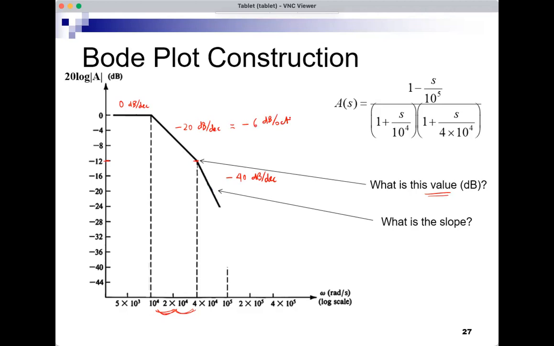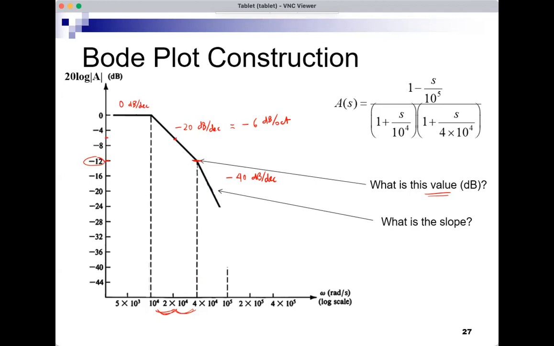So I lose 6 dB for the first octave, and this is the second 6 dB I lose to reach the last frequency at 4 times 10 to the 4. This is the minus 12 value because I drop 6 and 6, since the distance here is exactly 2 octaves. So that's one way to explain why this is minus 12.